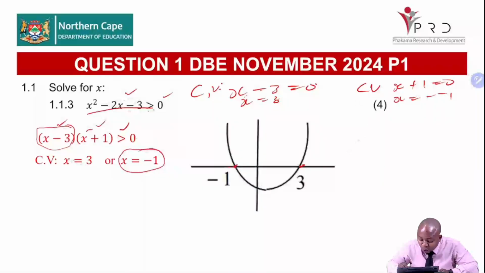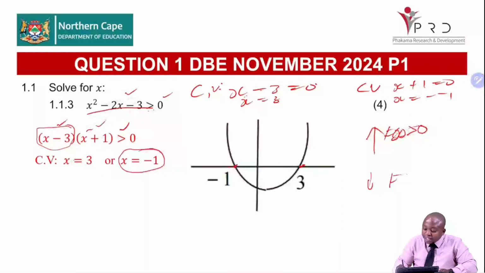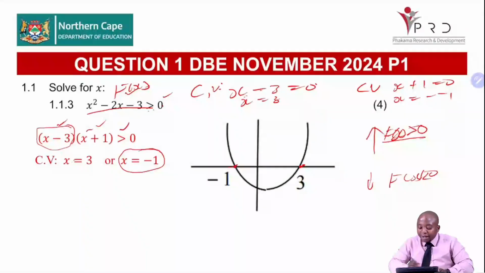Greater than 0, it must be above in this case. Now our x-axis. So when it's greater than, it is above, f of x is greater than 0 is above. When it's below, it is f of x which is less than 0. So this is above because f of x is greater than 0 in this case, which is that equation of mine. So we can see we're looking for the solution that is above.